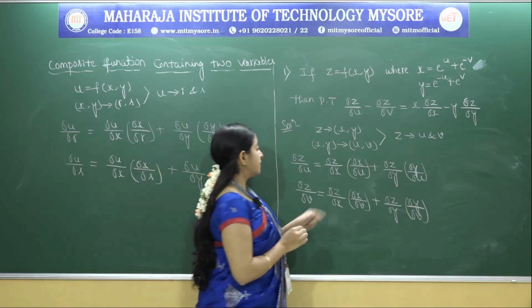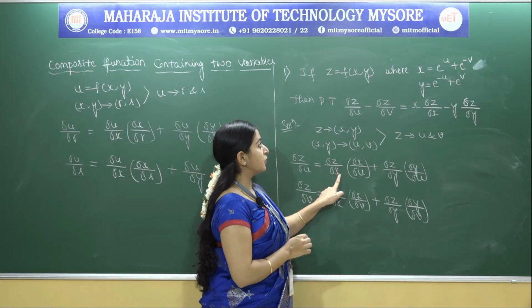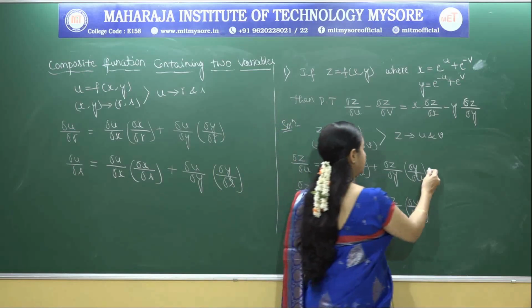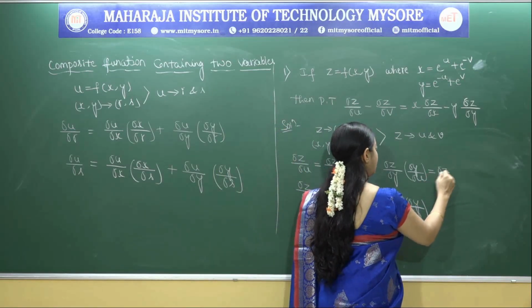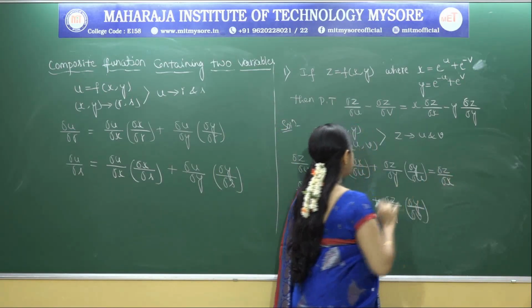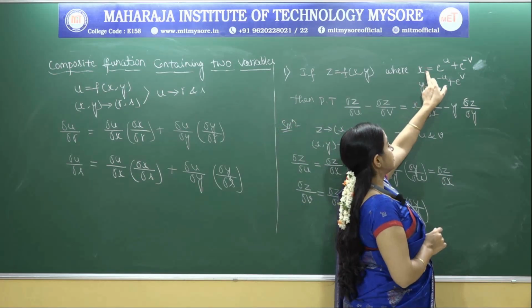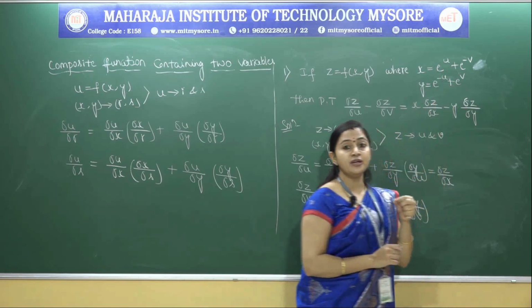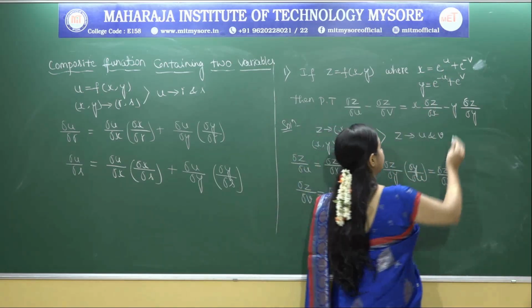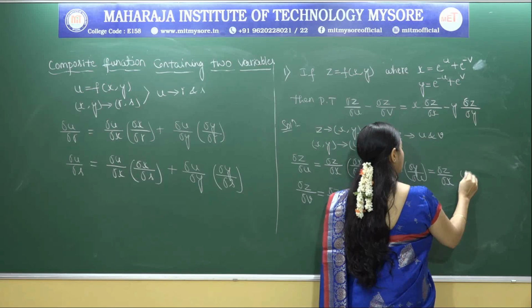Next, the partial differentiation of z with respect to x, you keep this term as it is, del z divided by del x. Next, x with respect to u: you differentiate x with respect to u keeping the v term constant. Since it is a partial differentiation, keep the v term constant.